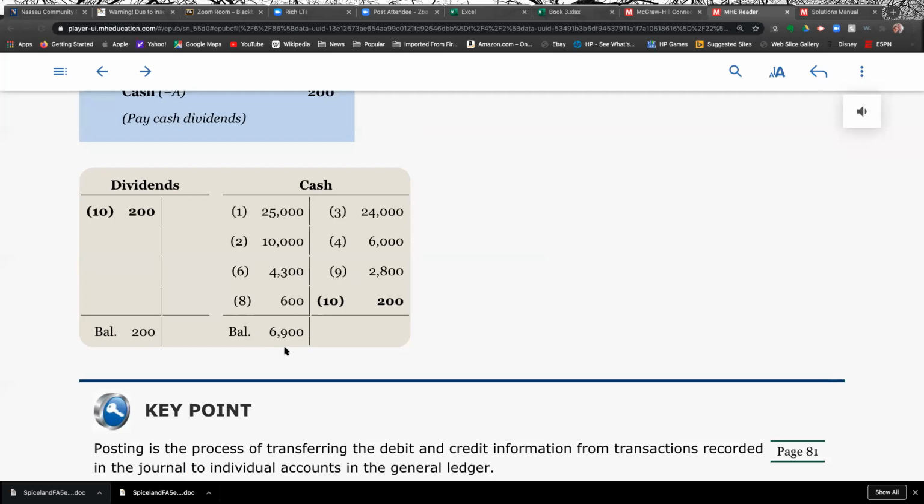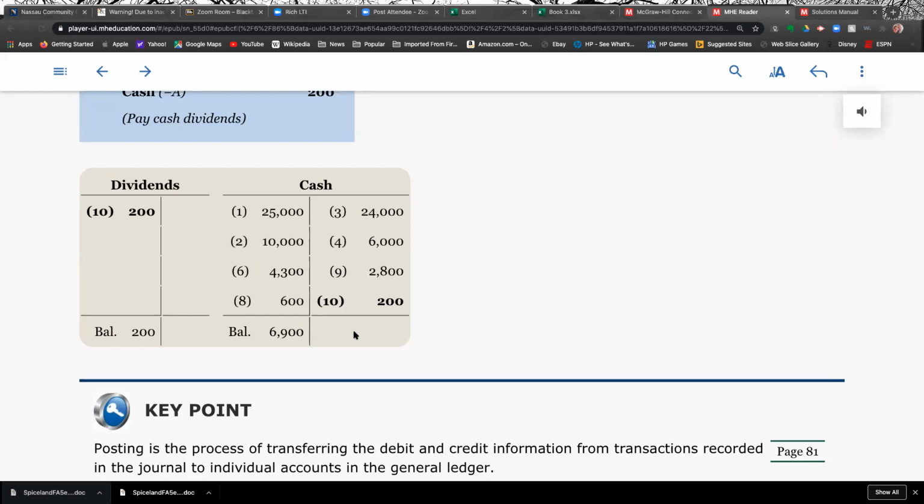So that $6,900 balance in cash is how much money you have in your checkbook. I need to know that number to put on the balance sheet for cash. But you see that one number is made up of all these parts.